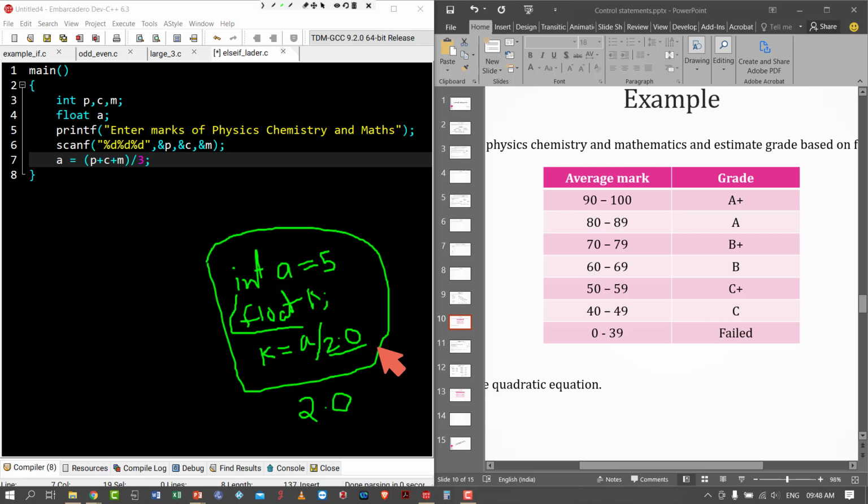One important point I am saying: here the expression is A by 2.0, which contains integer and floating points. Anyway, we will study this later while studying typecasting. Now you just understand it. Here A is integer, 2.0 is float.